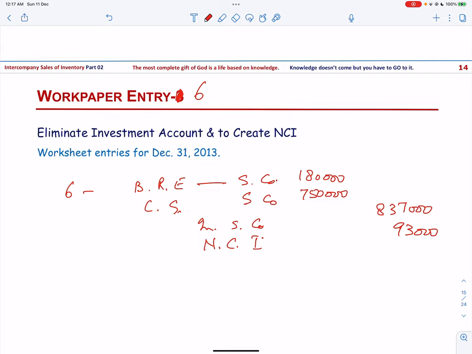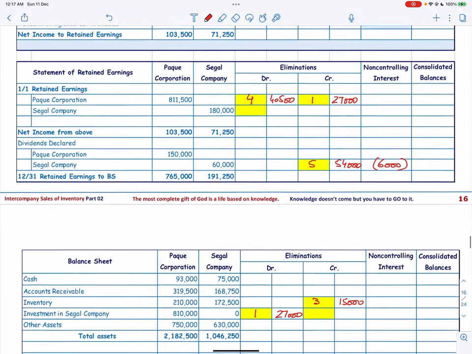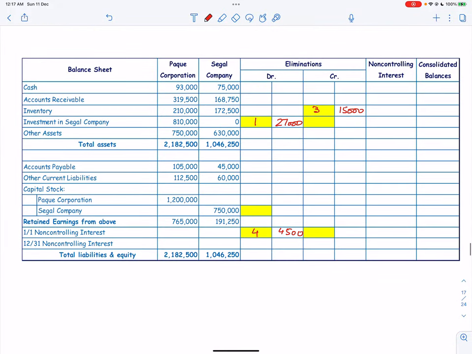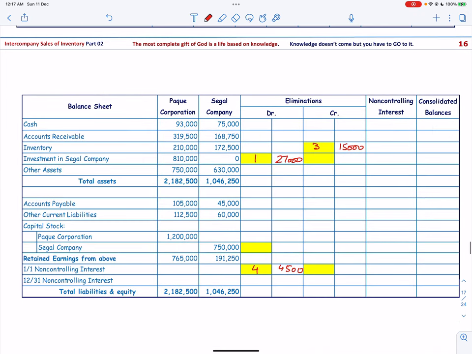And once again, I am going to record this in the consolidated financial statement. We have investment, first of all, we have the retained earning of, so we go to the retained earning, and under the retained earning, it was number 6, 180,000. Then balance sheet, we have the equity of 750. So this is number 6, and this will be 750,000.